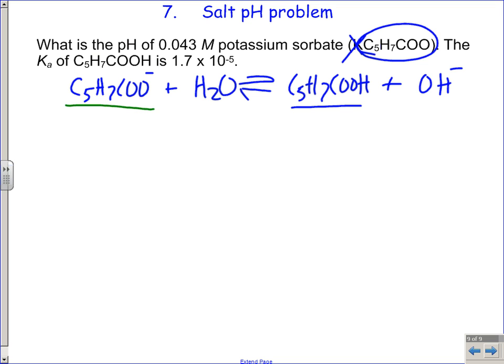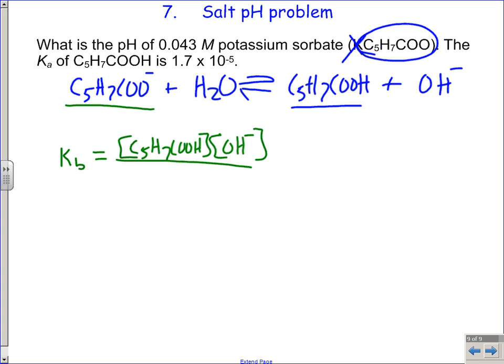So when we go to write our equilibrium expression, in this case it's going to be a Kb, that's going to equal the concentration of C5H7COOH times the concentration of OH minus all over the concentration of C5H7COO minus, which is our sorbate anion. That's what this is going to look like.